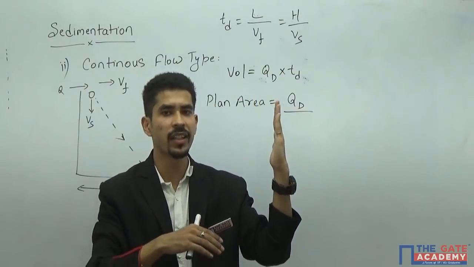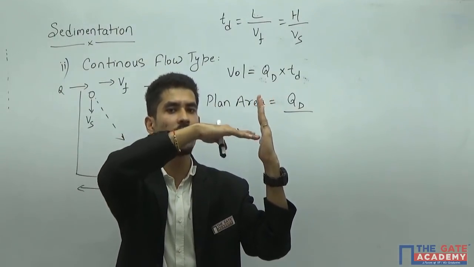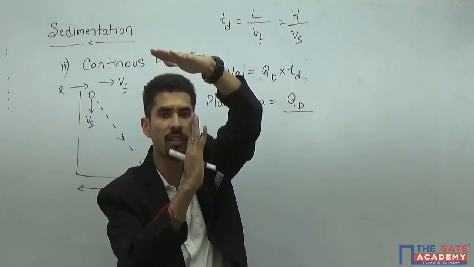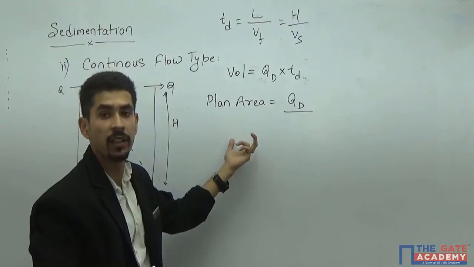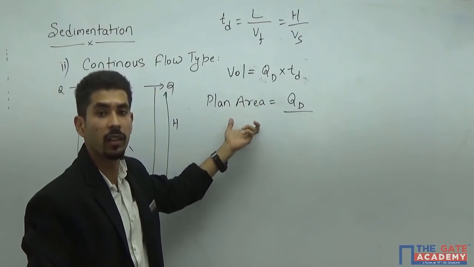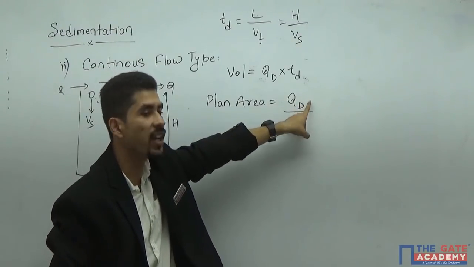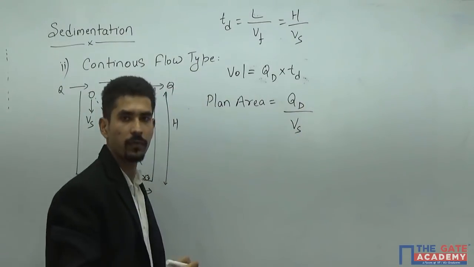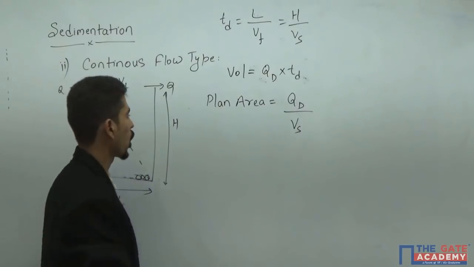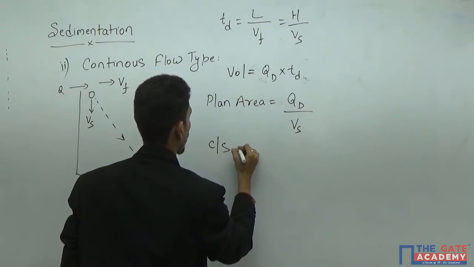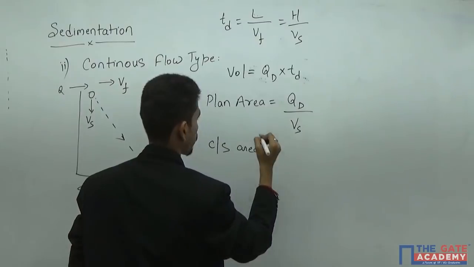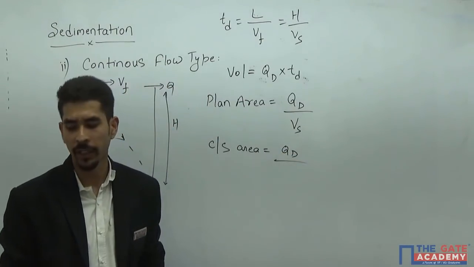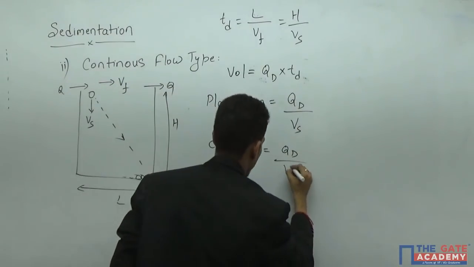If it is cross-section area, we will take the horizontal velocity, and if it is a plan area, we will take the perpendicular velocity, which is the settling velocity. So to calculate plan area, it is discharge divided by settling velocity. Similarly, cross-section area will be equal to Qd divided by the flow velocity.